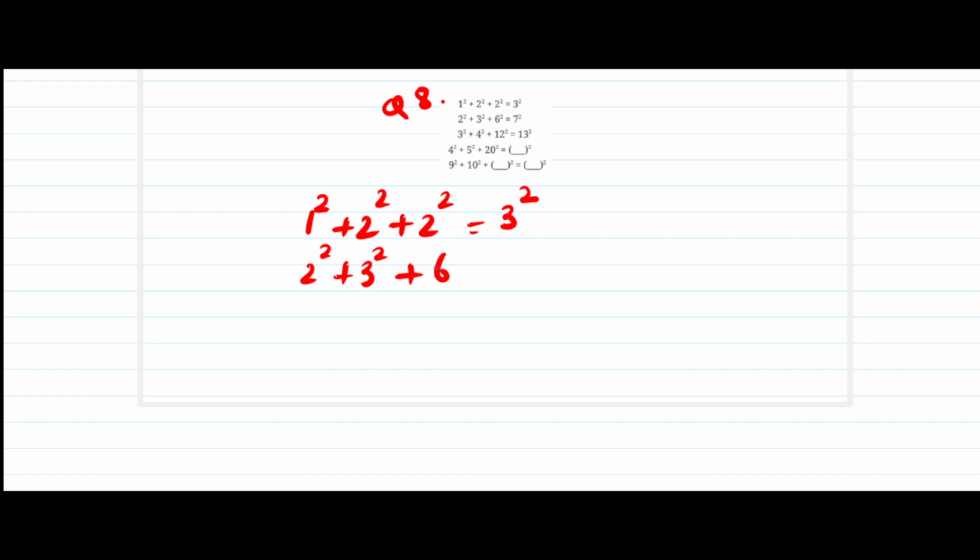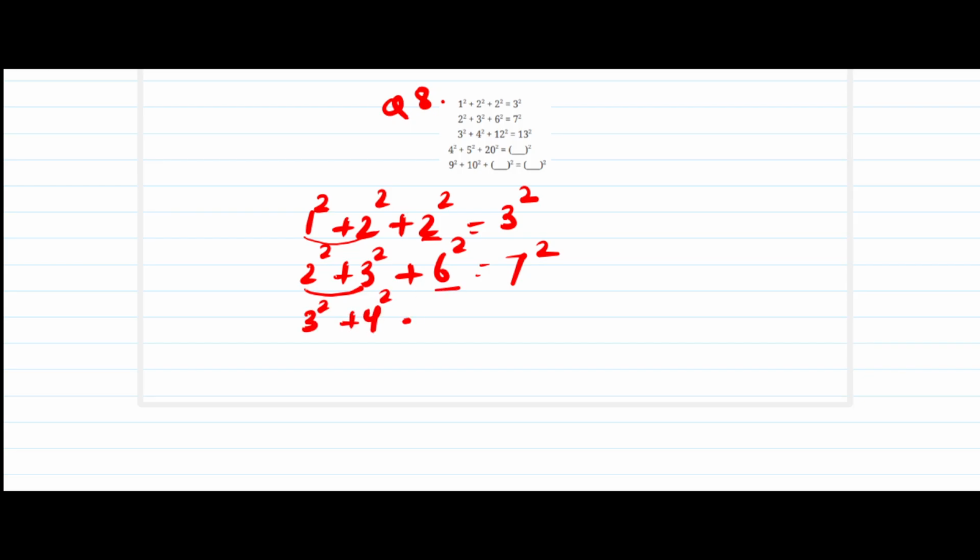Moving to the next question. This is a pattern. This is actually question number 8. A pattern is given to you. See, let's find it out. The first is 1 square plus 2 square plus 2 square is equal to 3 square. The next one is 2 square plus 3 square plus 6 square is equal to 7 square. See how the things are getting, right? We are getting the third term by multiplying: 2 into 3 is 6.